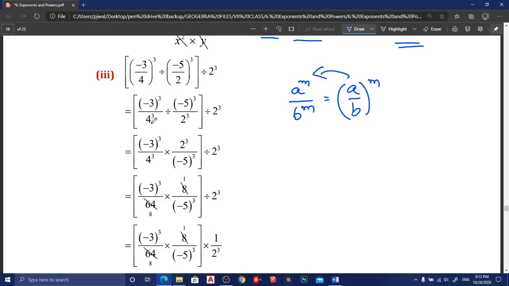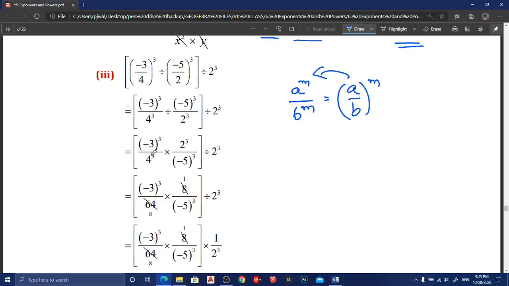A to the power of m by b to the power of m, like this. Listen carefully. Here divided by this also you can write a by b to the power of m means a to the power of m by b to the power of m. Split the powers to both numerator and denominator. So minus 5 cube by 2 cube divided by 2 cube. Write it as this.